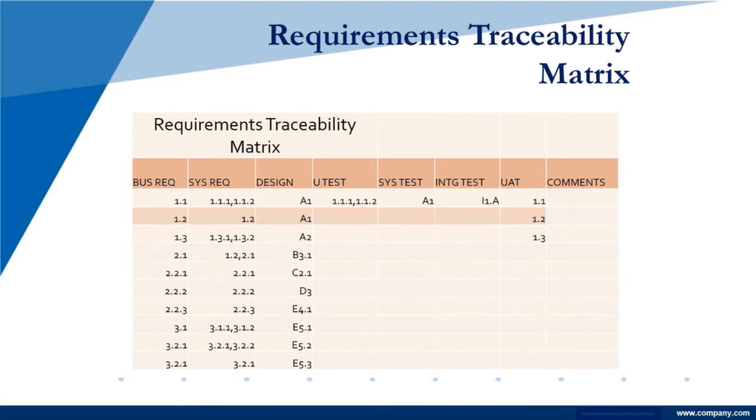And if you need more room, or more fields, more whatever, then do whatever makes sense and works within your organization. You might not do system test. You might not do integration testing.